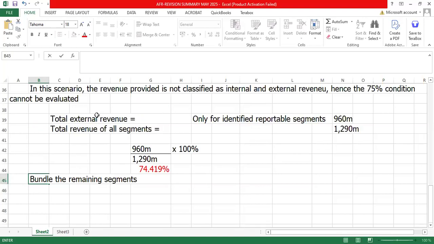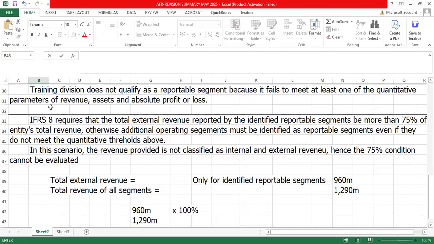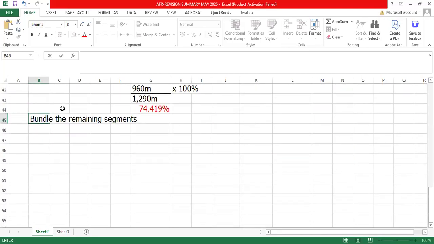The remaining segments could be here. We only have one training division, but you may find that you have more than one. Bundle the remaining segments, say A, B, and C, and report them as one segment.